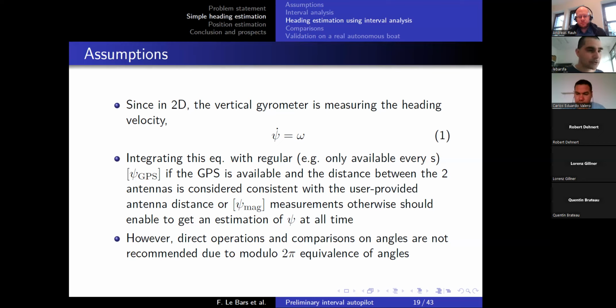First, there is a value provided by the user in the beginning. So if at some point during the experiment the GPS does not measure the same value, that means that probably the GPS should not be taken into account. And even if the user did not provide a value for the distance of these two antennas, what can be considered by the system is that the distance between the two antennas should be constant. So if the system sees that the distance is varying too much, that also means that there is a problem.